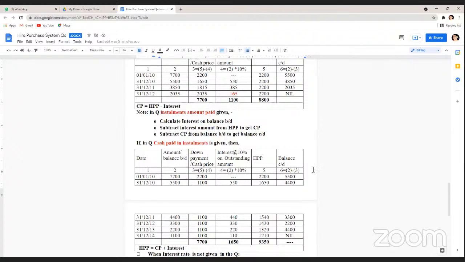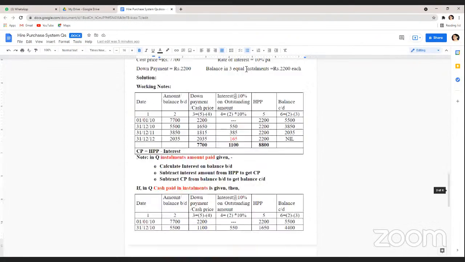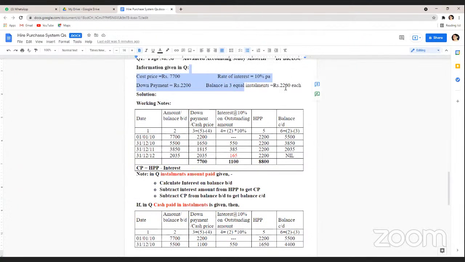But the annual installment that you pay remains constant. So in the question, if you are provided with the annual installment that you are paying, then your cash amount and your interest amount keep changing with every installment, but your annual installment remains the same, constant.